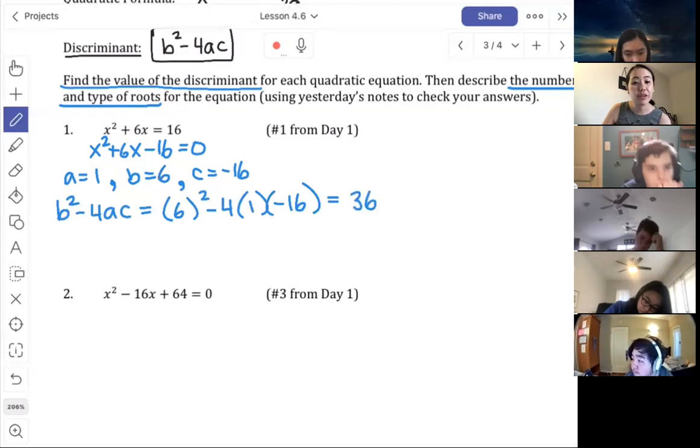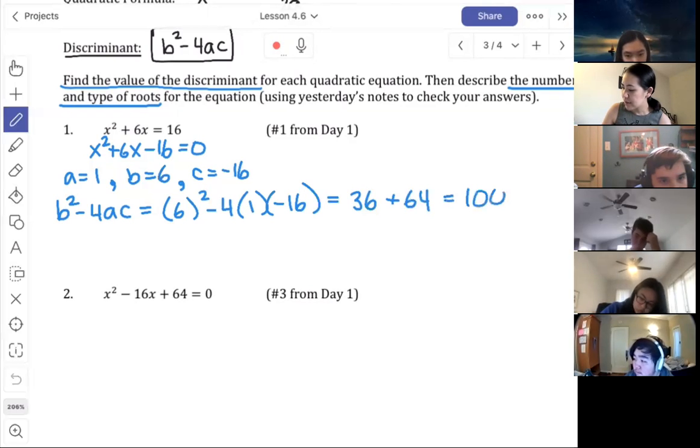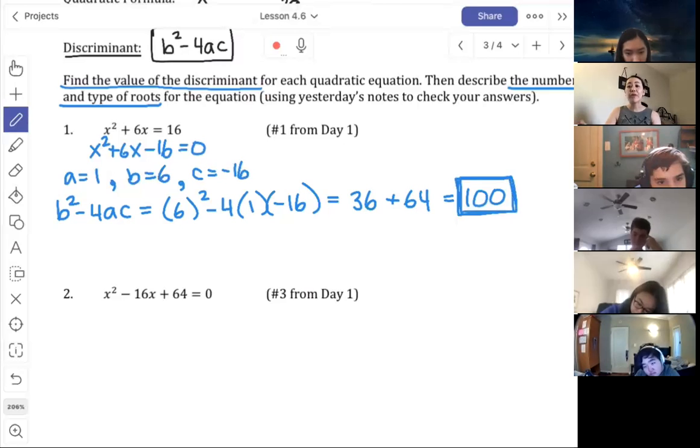So that gets me 36 plus 64. And I get 100, and this is the value of my discriminant. Again, remember, we are not taking the square root of that. That value itself is the discriminant.